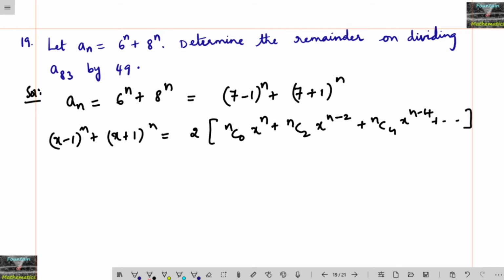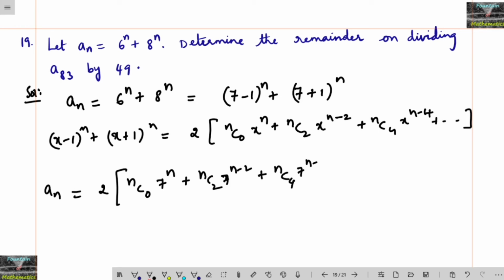So similarly here, a_n is equal to (7 minus 1) whole power n plus (7 plus 1) whole power n, which is 2 times nC0 x to the power of n, where x is 7, plus nC2 7 to the power of n minus 2 plus nC4 7 to the power of n minus 4, and so on.